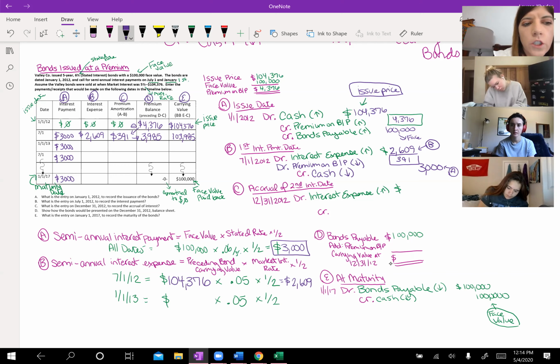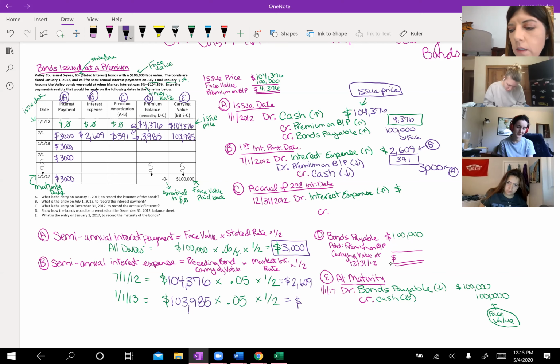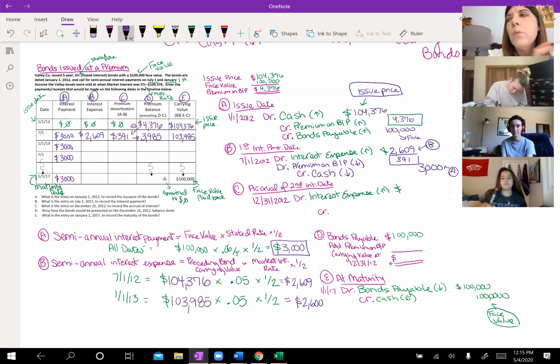For January 1st, 2013, we already have column A done. Interest expense is going to be based on the preceding bond carrying value, which is 103,985 times 5% interest times 1/2. And we're going to record interest expense of 2,600. Usually your interest expense is not a pretty number.